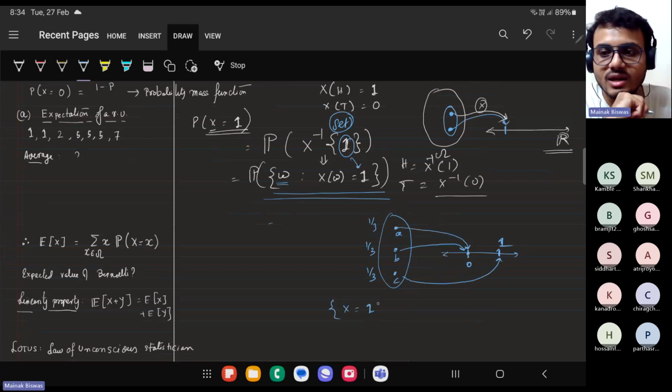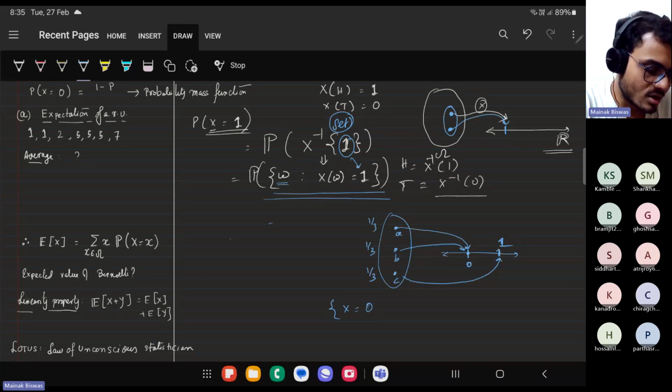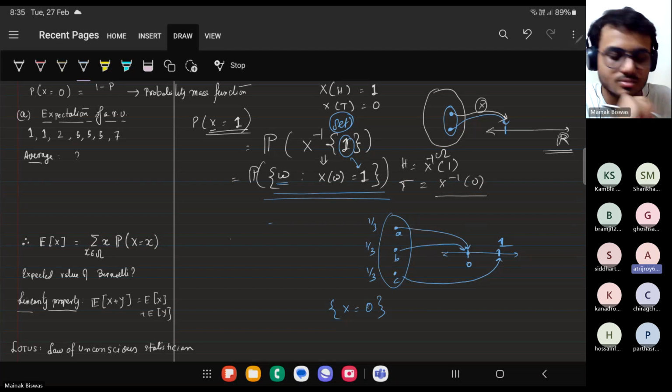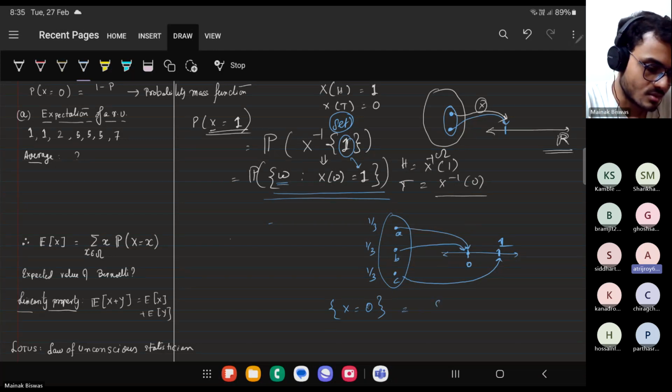Now I tell you that X is equal to 1 happened. What do you infer? Then which event occurred? Or if X is equal to 0 happened, when can X be 0? Then A or B, if any happens, because both map to 0.